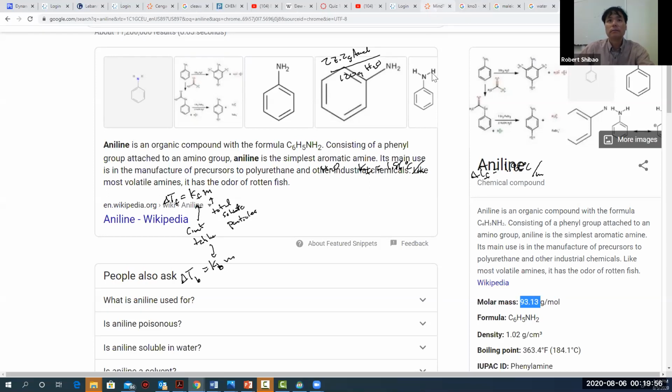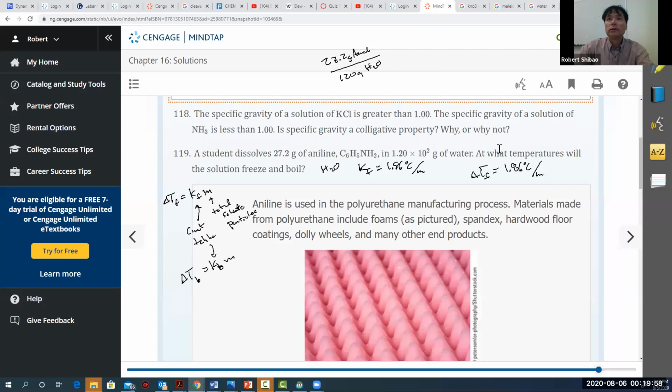The molar mass is 93.13 grams per mole. So 1 mole of aniline is 93.13 grams of aniline, and the grams cancel and leave us with moles.